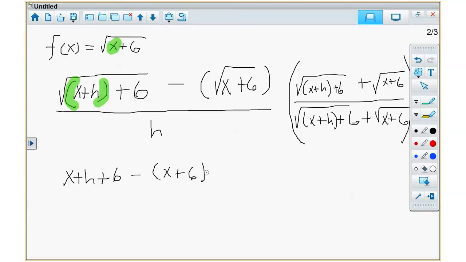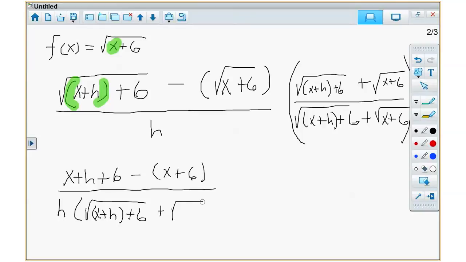It's going to take the radicals away, and then you're going to distribute the negative, and you're going to see things cancel, over h times square root of x plus h plus 6 plus the square root of x plus 6.